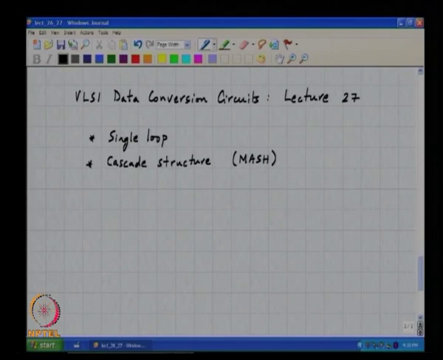So, the next thing is to see what one has to do to implement the various building blocks of a modulator loop. So far we have seen the various so called system level aspects of the entire loop.